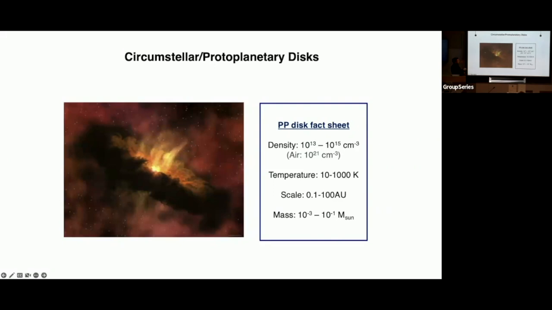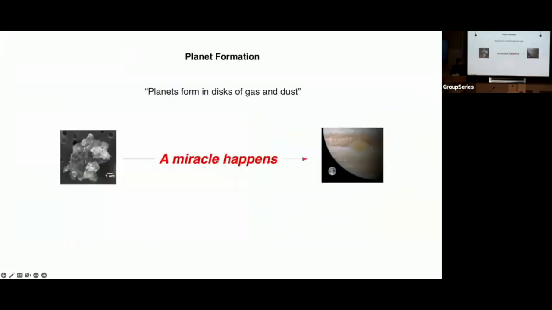The temperature ranges from about 10 Kelvin in the outskirts of the disk to about 1,000 Kelvin in the inner parts, closer to the star. The radius scales from 0.1 to 100 AU, and the masses range from 10 to the minus 3 to 10 to the minus 1 times the mass of the sun.